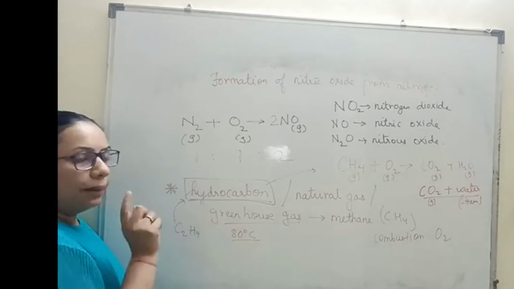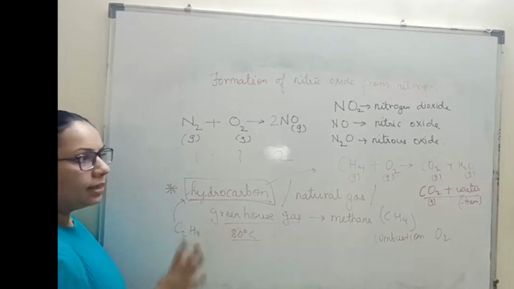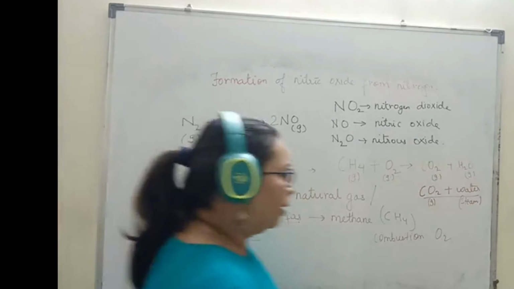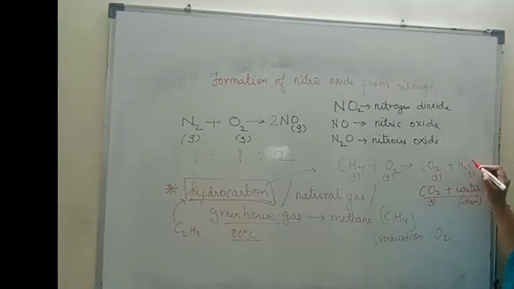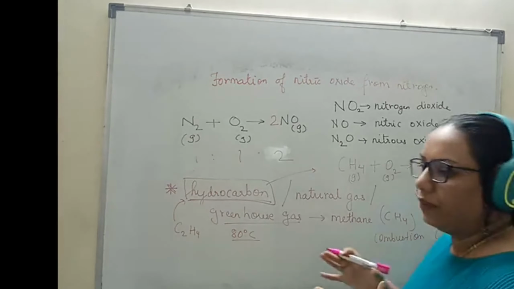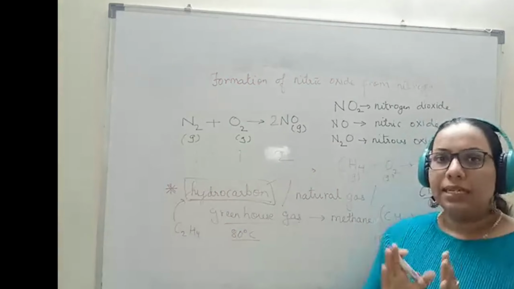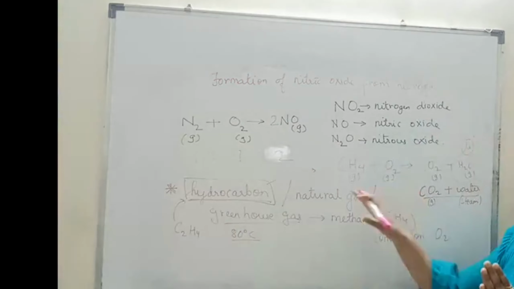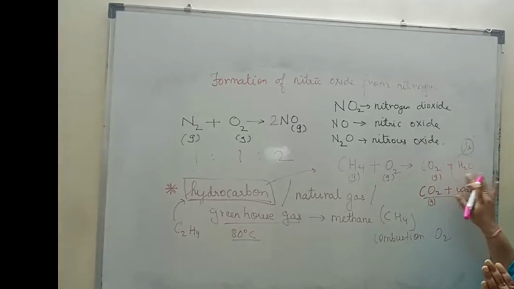But when they give you a temperature restriction, 80 degrees Celsius, I know H2O is going to be there as a result. But at 80 degrees, what is the physical state of H2O? Liquid. Yes, it will be in the liquid state. Even though it is very hot water, it is in the liquid state. So at that time, when you're writing the equation, you will change G and write L.